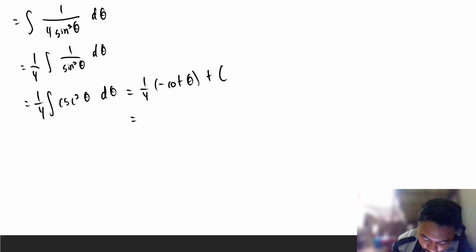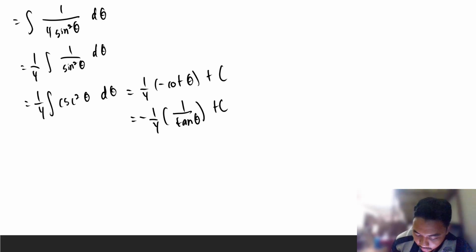From the cotangent, we know that cotangent equals 1 over tangent theta. Based on the triangle that we made earlier, for tangent we use tangent equals opposite over adjacent.